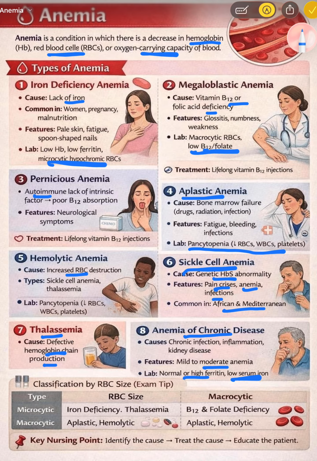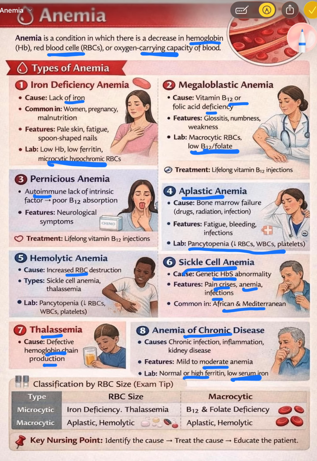Also, in aplastic and hemolytic anemias, the RBCs are macrocytic. So, the microcytic anemias are iron deficiency anemia and thalassemia, and the macrocytic anemias are megaloblastic anemia, hemolytic anemia, aplastic anemia, and vitamin B12 or folate deficiency anemias.